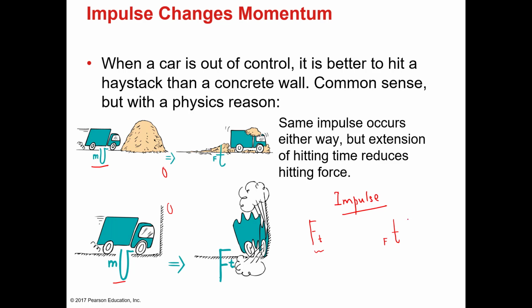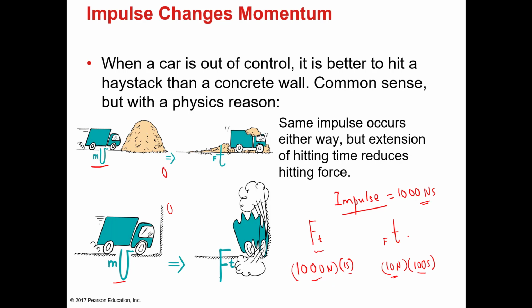If you need 1000 Newton second impulse, you can get that by applying 1000 Newton force over 1 second, or you can get that impulse by applying 10 Newton force over 100 second time. Okay, so this is a longer time with a smaller force, and the other is a bigger force for a shorter time.